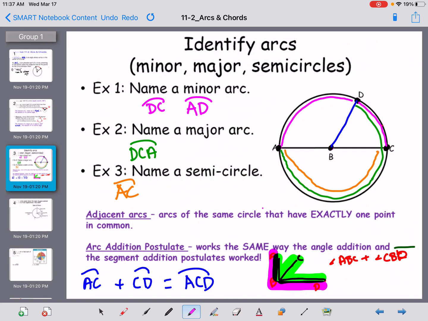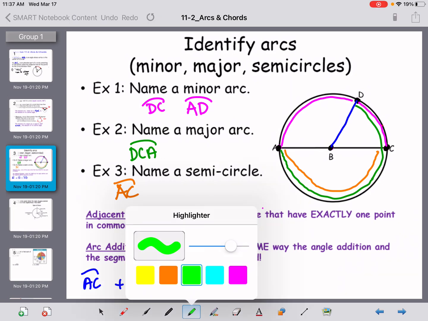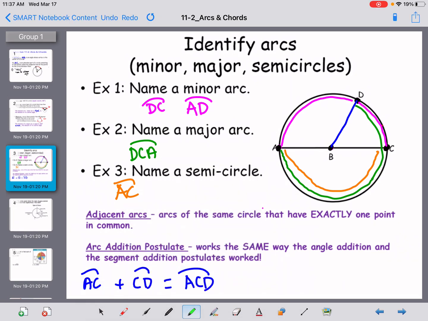So if I add two of them together, it's going to give me a bigger one, is basically what we're saying. So in this arc, I like using green, if I have arc AC, and I added it to arc CD, that would give me arc ACD. Okay, same idea. That's a little bit of common sense, I think.